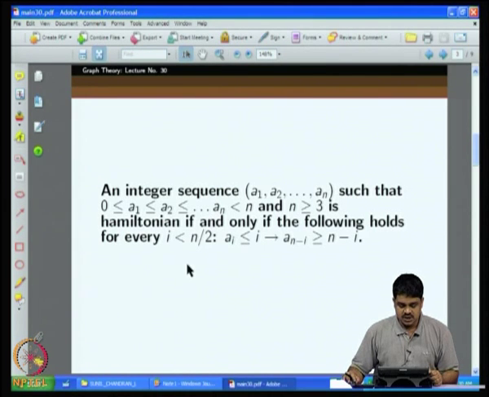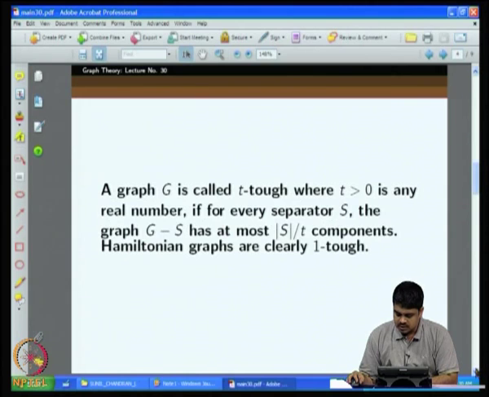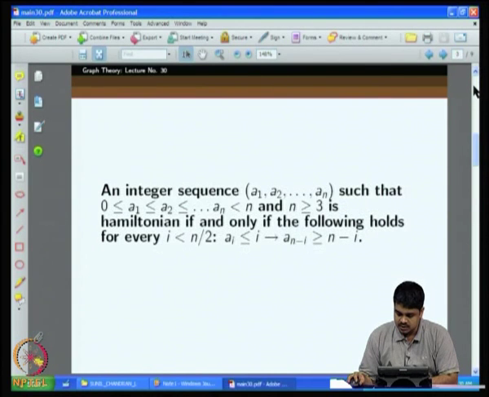This is the condition: for every i strictly less than n by 2, if ai, the number in the ith position, is less than or equal to i, then the corresponding number an minus i, that means if you count from the other end, the i plus 1th number, has to be greater than or equal to n minus i. If this condition is met, then it will be Hamiltonian. That sequence will be Hamiltonian.